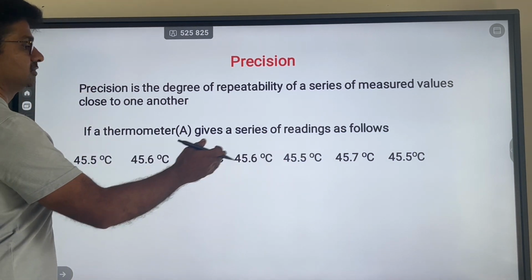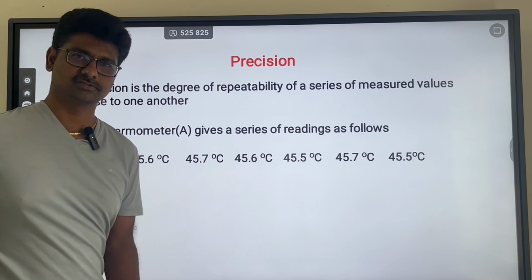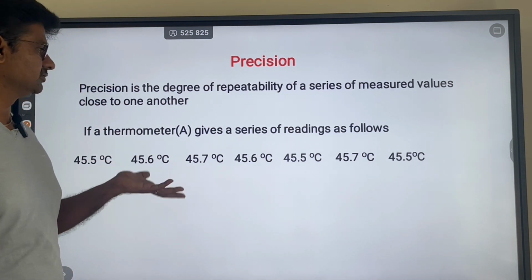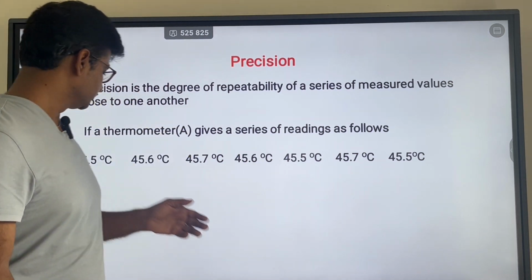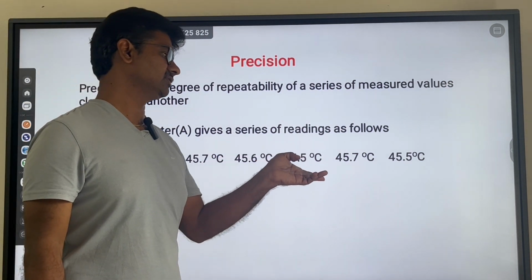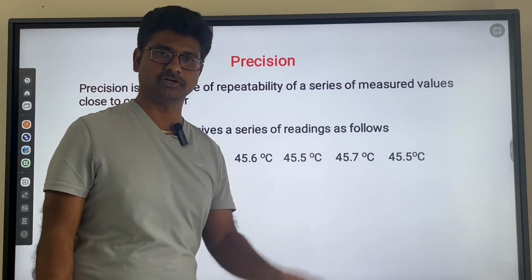You are making some seven measurements, a series of measurements. These are the values you are getting: 45.5, 45.6, 45.7, 45.6, 45.5, 45.7, 45.5.